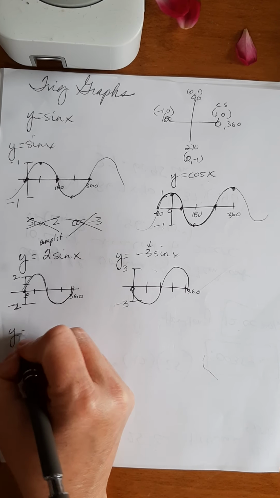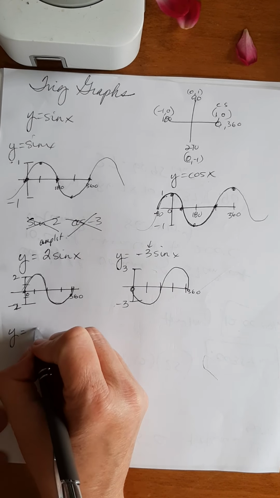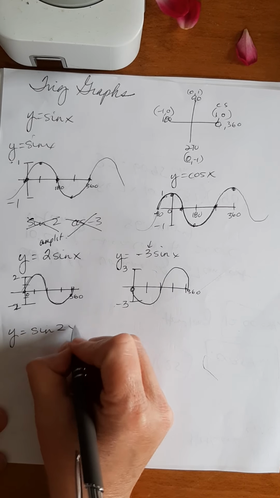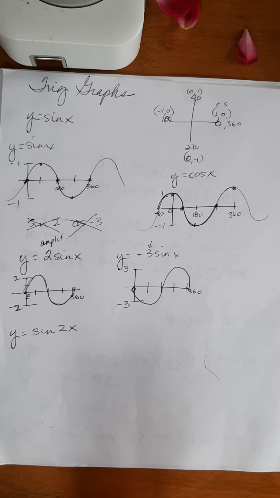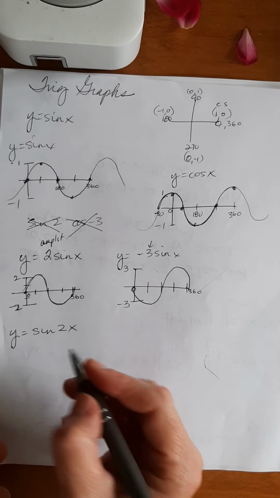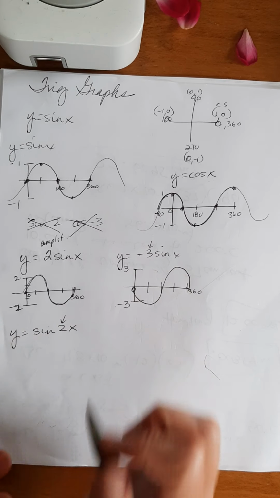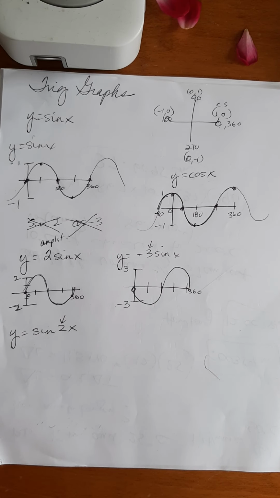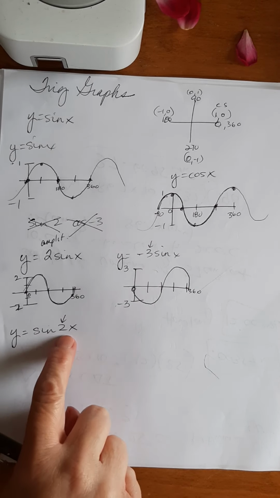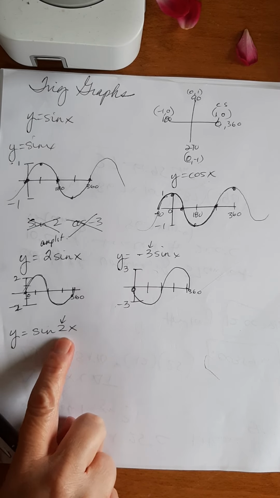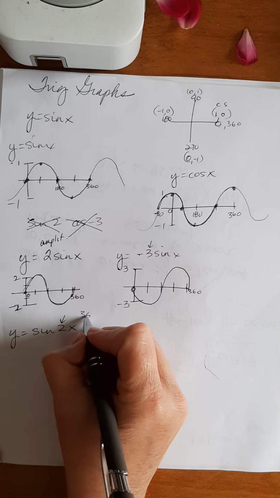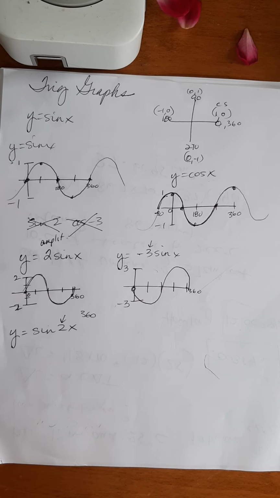Now let's say they put the coefficient between the sine and the x, sine of 2x. Well, what this means is it has to do with a period change, that there's going to be 2 sine curves for every 360 degrees.